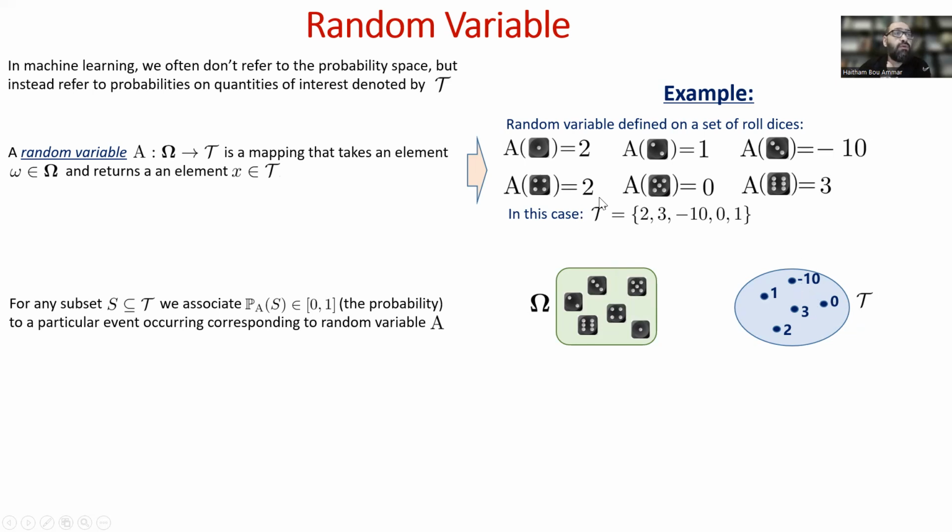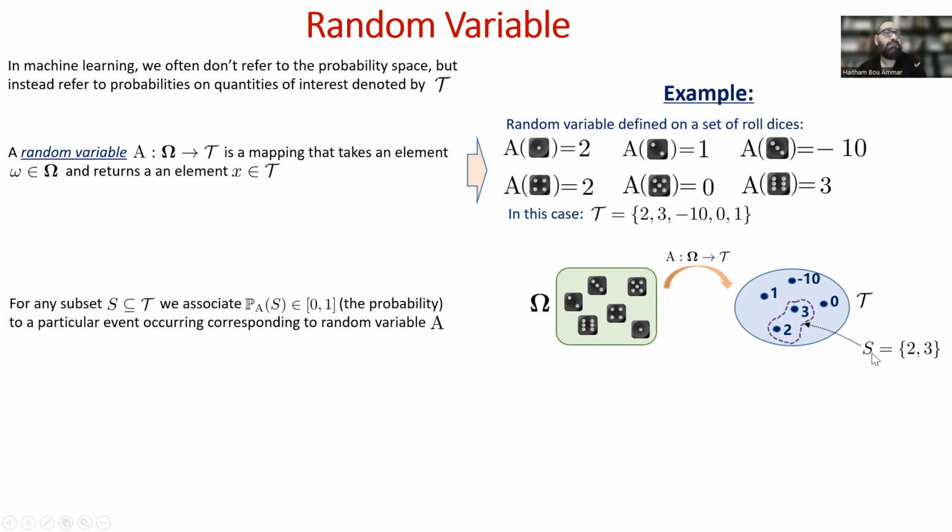Of course, it's just an example, so we made up this set T. In your case, this set T could be more relevant to the specific task you're interested in. And now what the random variable is: given this omega and given this set T, it's just the map that will take elements from omega and map them to T.